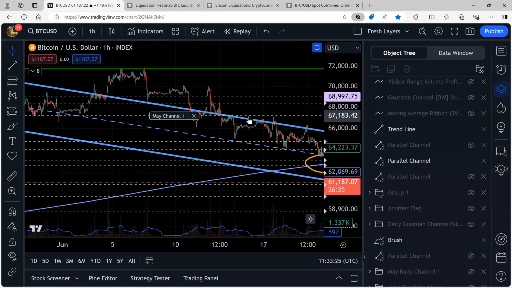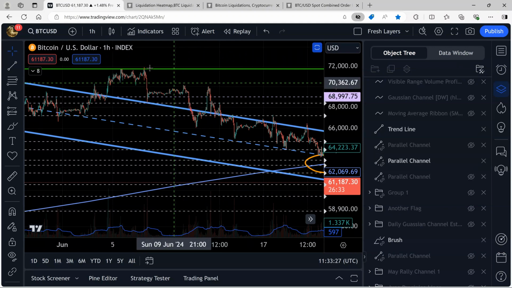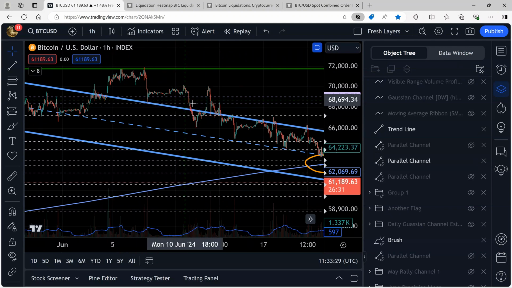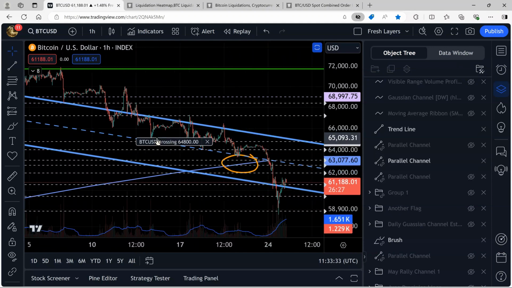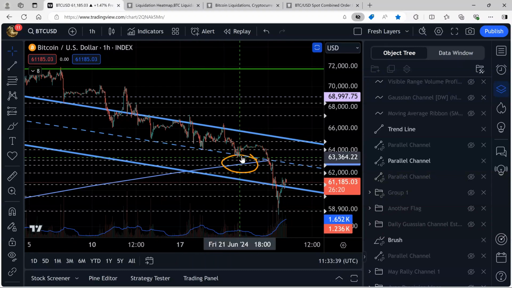We tried to hold the top as support and we couldn't get back above this channel and fell down into it. And then we did come down to the center line here and interacted with the top portion of the channel.